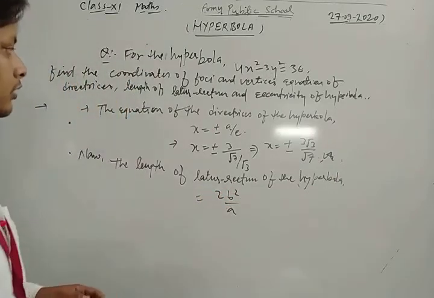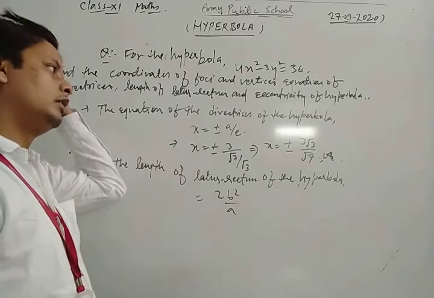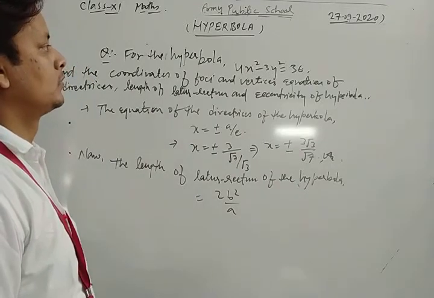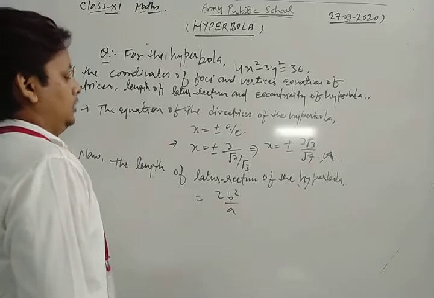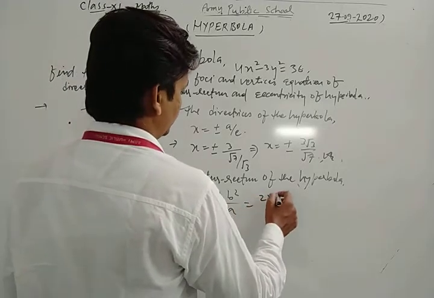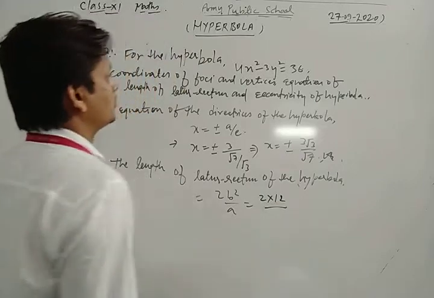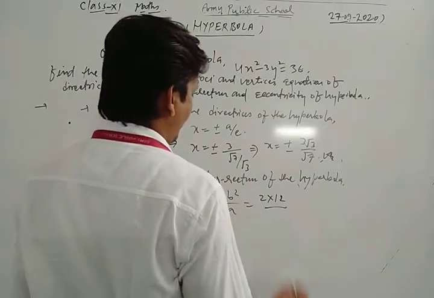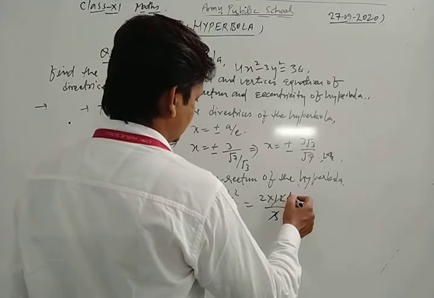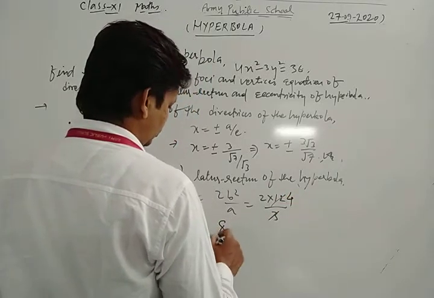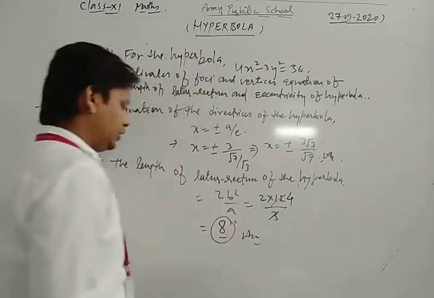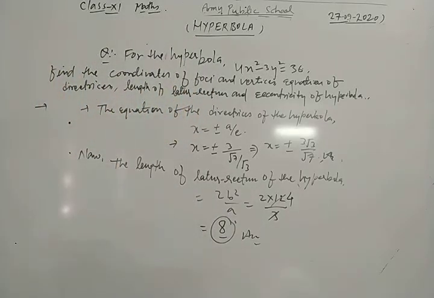Now, what is the value of b square? As I just discussed, the value of b square is 12. So here you put 12 upon the value of a, which is 3. So 2 into 12 upon 3 is 8. Thus, this is our last answer. In this way, we also find the length of the latus rectum of the hyperbola.